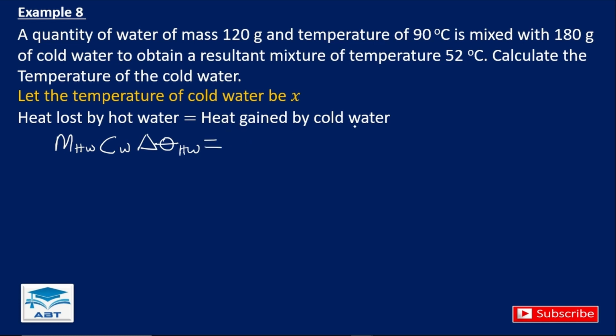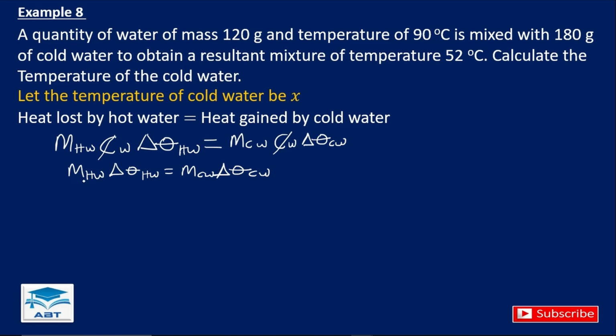Now heat gained by cold water is going to be mass of the cold water, specific heat capacity of water, and the change in temperature of the cold water. So specific heat capacity of water can cancel out and we have mass of hot water times temperature change of hot water is equal to mass of cold water times temperature change of the cold water.